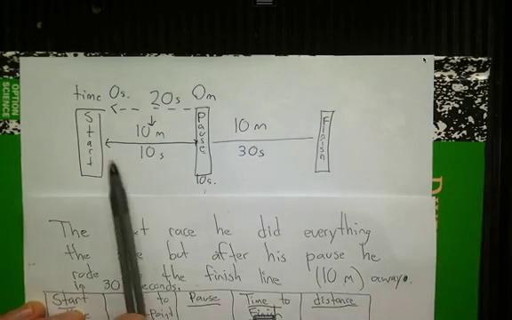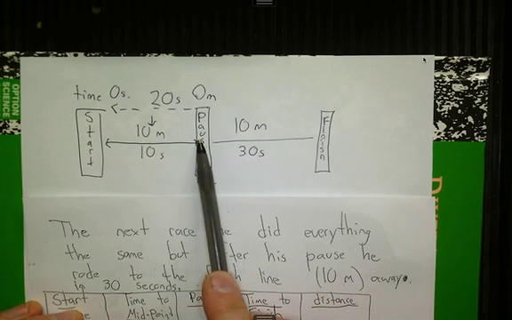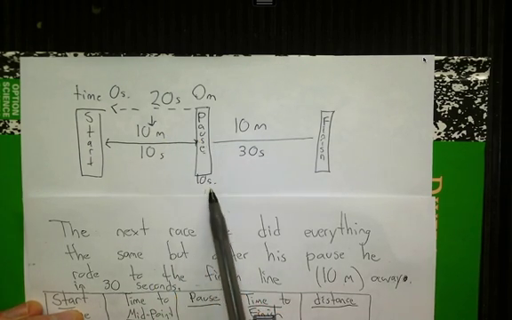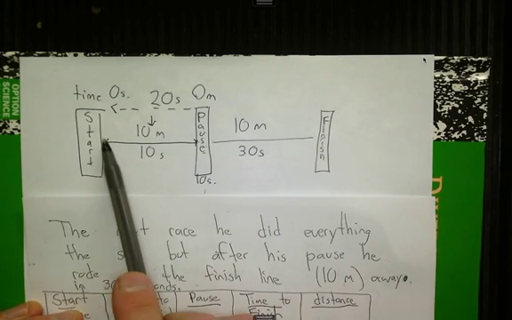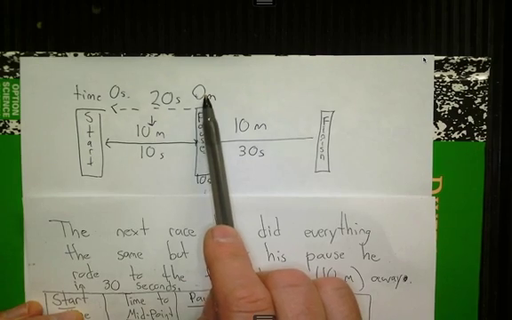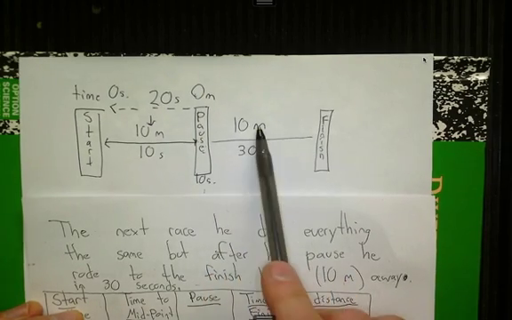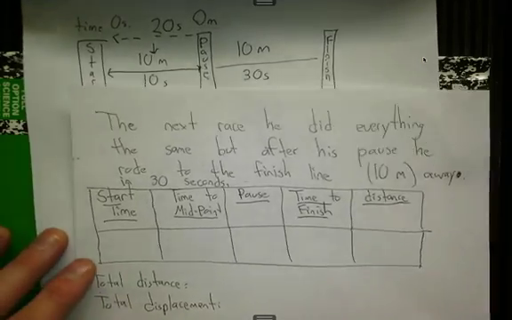So now our young bike rider started here, rode here in 10 seconds, took a 10-second pause, and rode to the finish line in 30 seconds. He left the start line, went 10 meters, paused, going 0 meters, and then went to the finish line 10 meters away. So let's put this on a table.